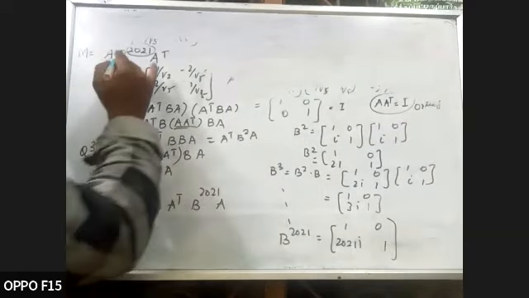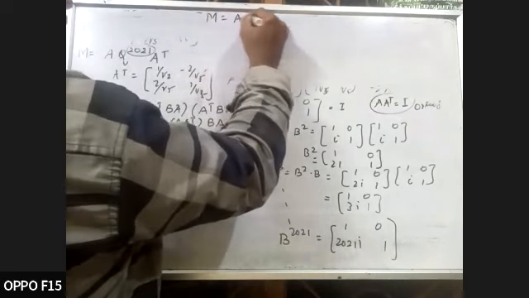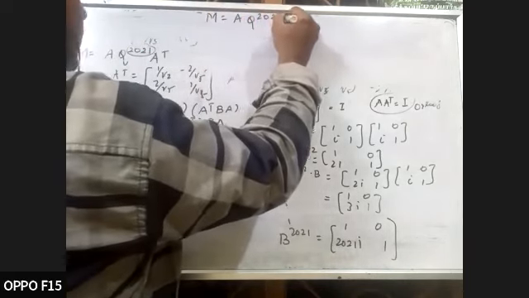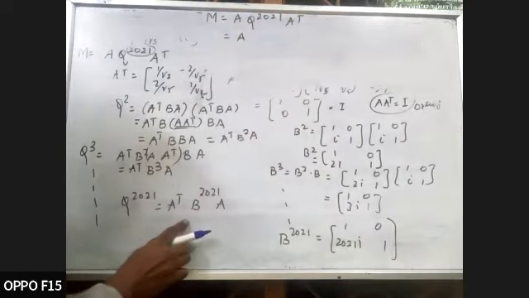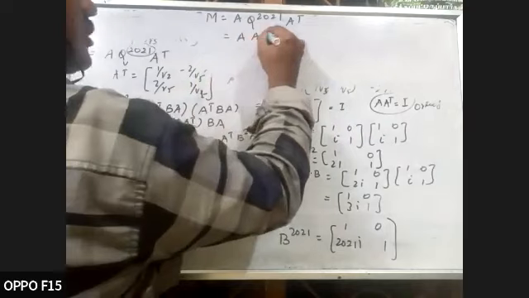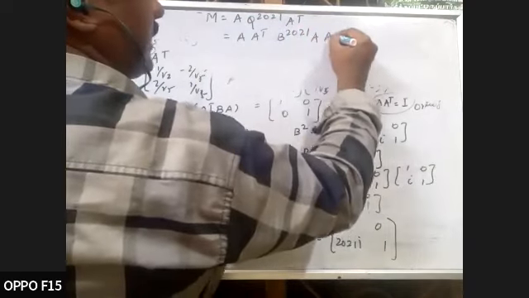எனக்கு M உடைய வேல்யூ என்னது? Your M is equal to A into Q 2021 into A transpose. A into Q 2021 is equal to A transpose into B power 2021. A into A transpose.